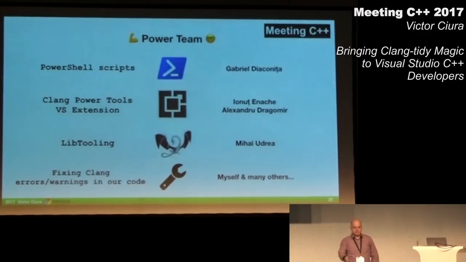My colleague Gabriel is sitting right there. He's the PowerShell wizard behind this tool. My colleagues Ionuț and Alex worked on the Visual Studio extension, and my colleague Mihai on the custom libtooling project, and of course lots of other teammates helped in fixing warnings and errors from Clang.